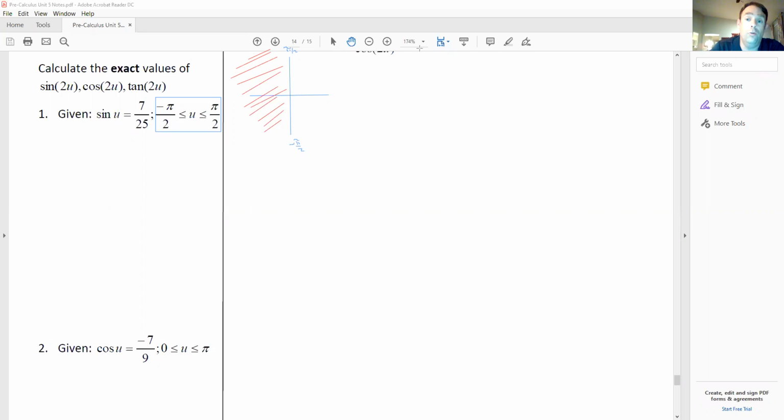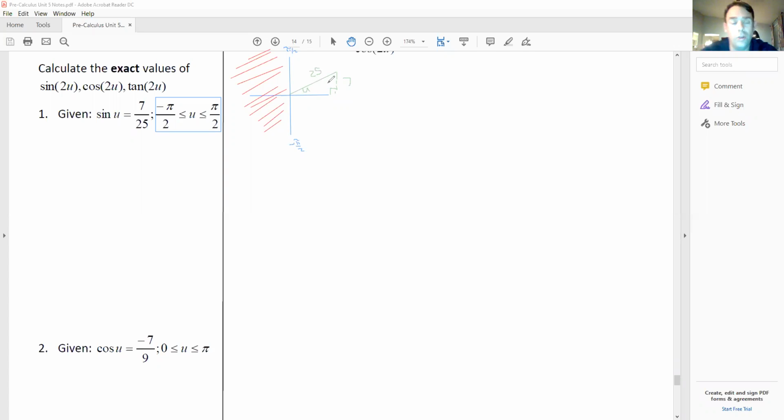So sine of u equals 7 over 25. So the positive sign, that'll be up in quadrant 1. So we're going to be over here somewhere. And we're going to bring this straight down here. And that means our opposite side is going to be 7 over 25.